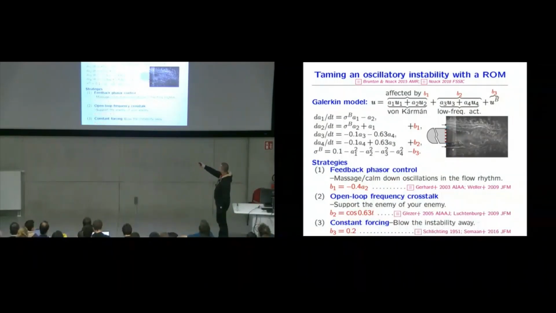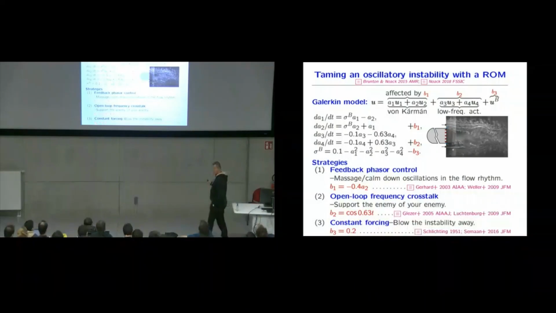Some forcing may be able to directly communicate with the first oscillator, and then we have to do phasor control. So what we have seen in the first example, or in the numerical example. In some strategy we cannot do this, then we have to excite the second oscillator. So we have to use some open loop frequency crosstalk to kill the first oscillator. So it's a destabilizing control using frequency crosstalk.